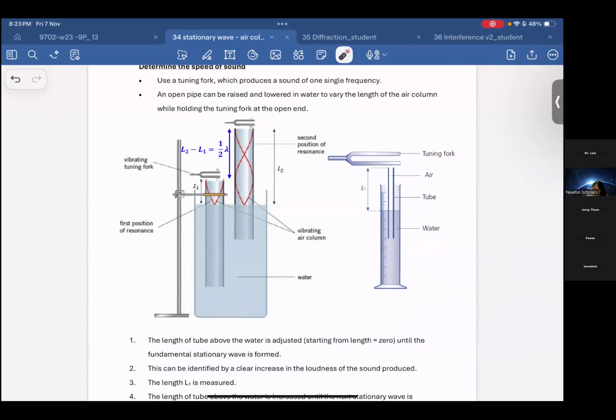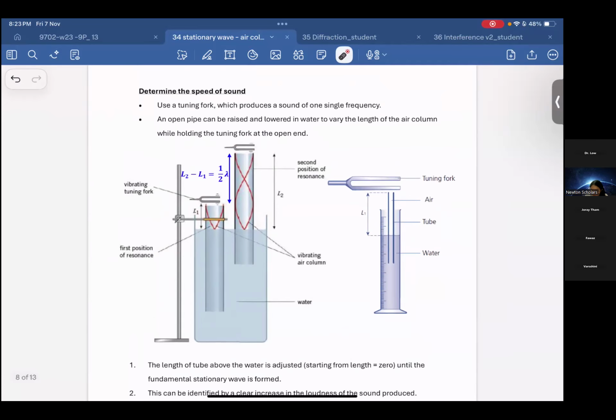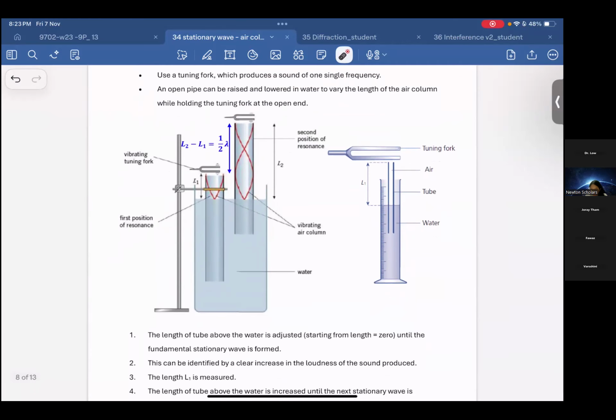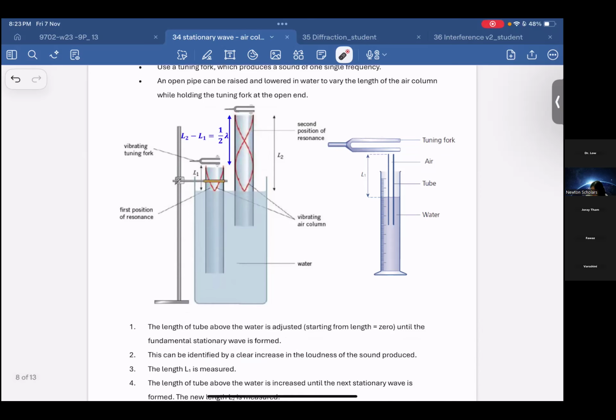Here they say they adjust until they get the first fundamental frequency, producing a sound of a single frequency. Then they raise the tube to change the length until the fundamental stationary wave appears again.